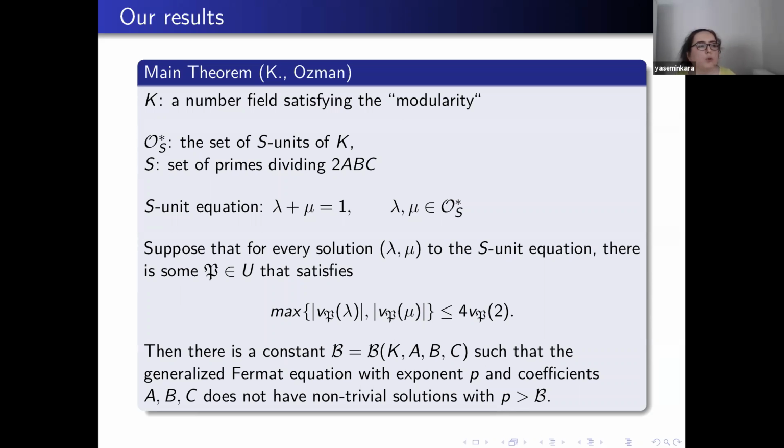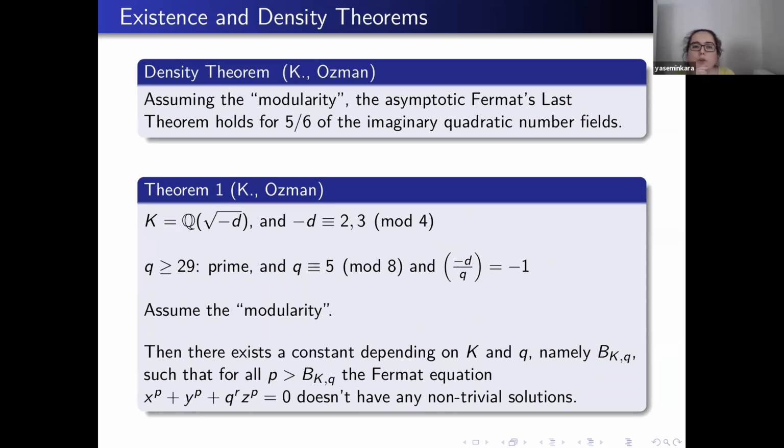Now you can ask, here there is a criterion which needs to be satisfied. Can you provide any number field actually which satisfies this criterion? That's the question. And then we prove that, if you assume the modularity, then actually this asymptotic Fermat conjecture is true for a subset of imaginary quadratic number fields which has density 5/6.